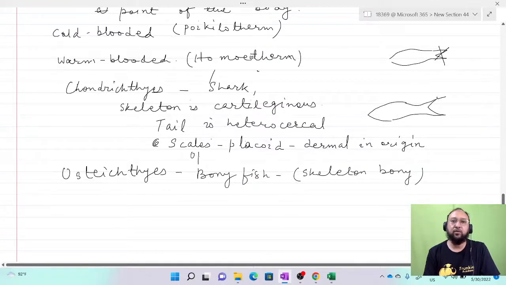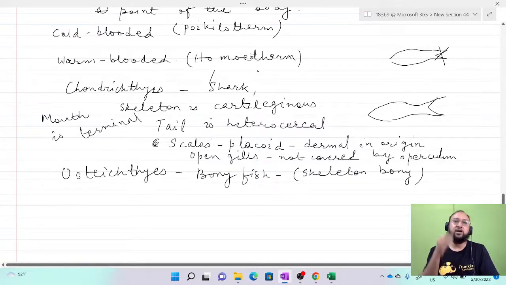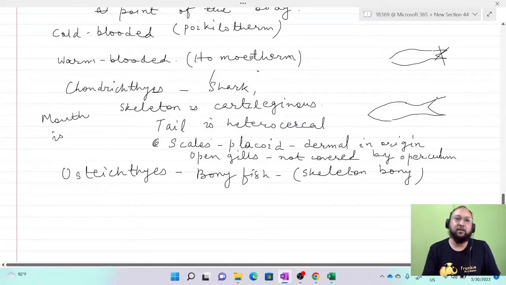One important point is that the gills are covered by operculum. Another feature is that the mouth is terminal. Sorry, in the shark the mouth is ventral. Mouth is terminal in case of osteichthyes. So in chondrichthyes the mouth is ventral, not terminal.